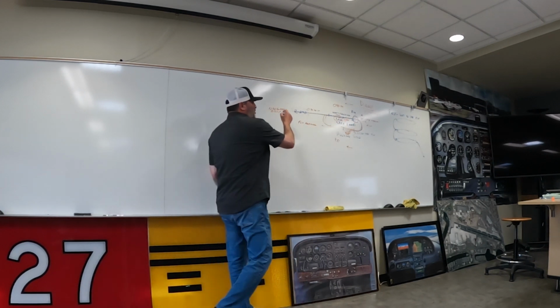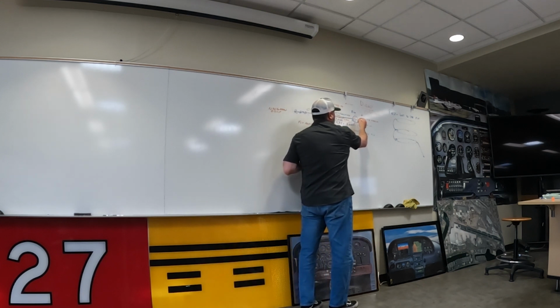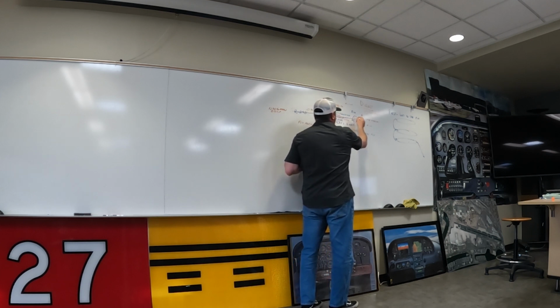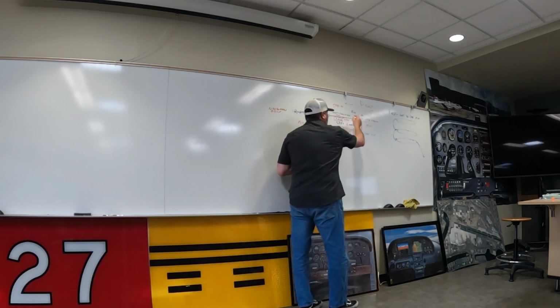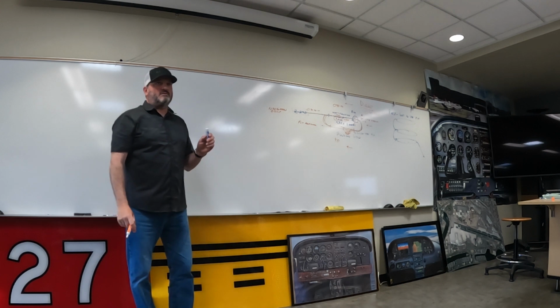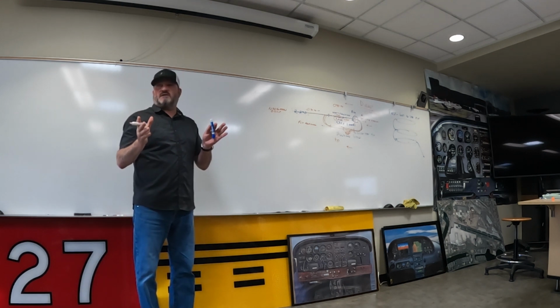I'm flying in the direction of the hold itself. I get established. I make my turn. I fly outbound for 1 minute. I make my turn. I hopefully fly inbound for 1 minute, and I make my turn, and I'm in this race course. Good? Sort of? Kind of get the premise?